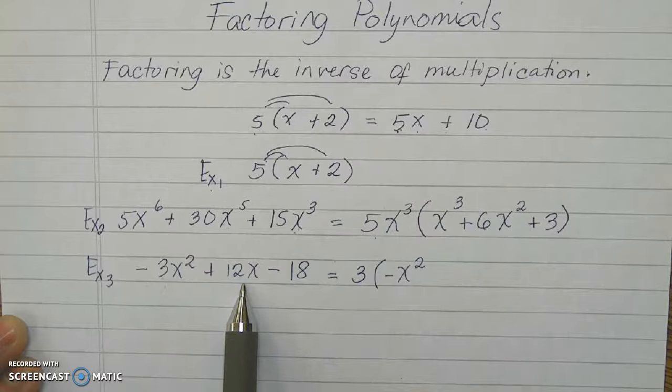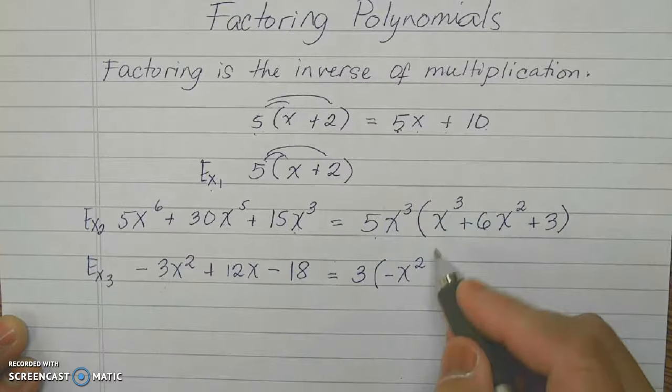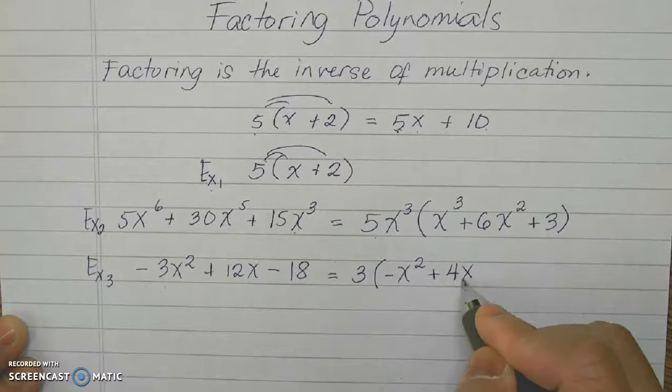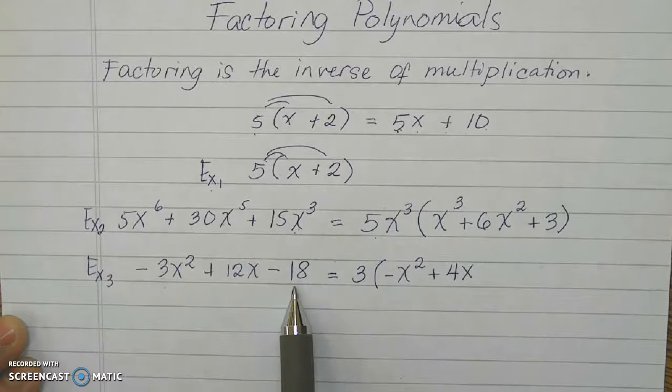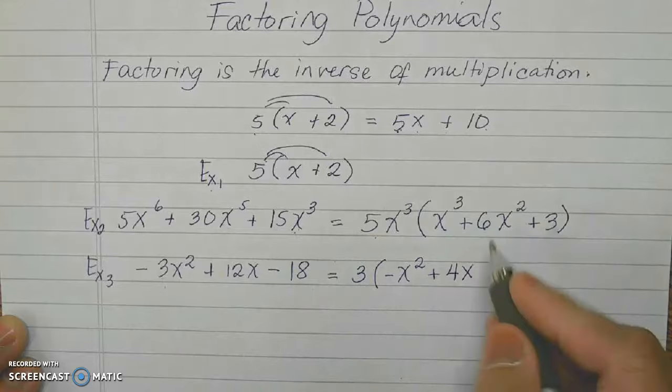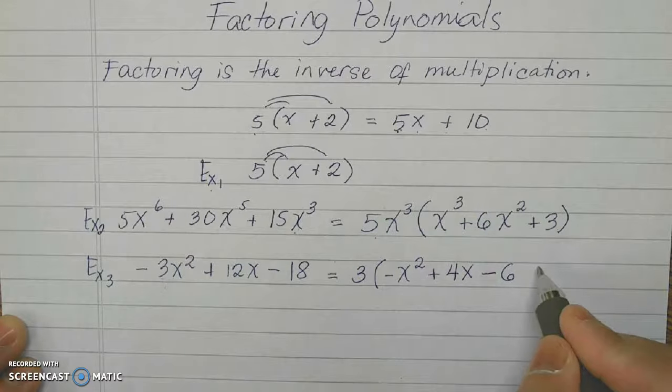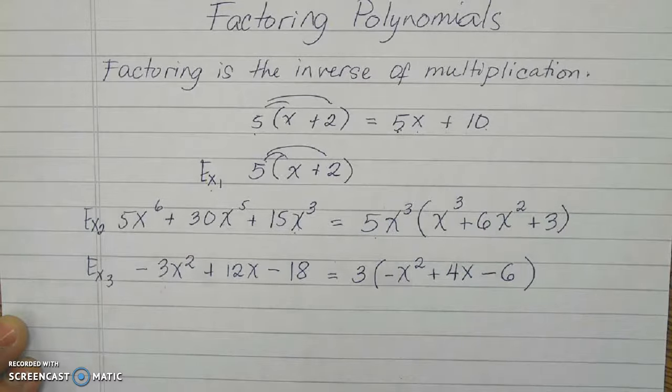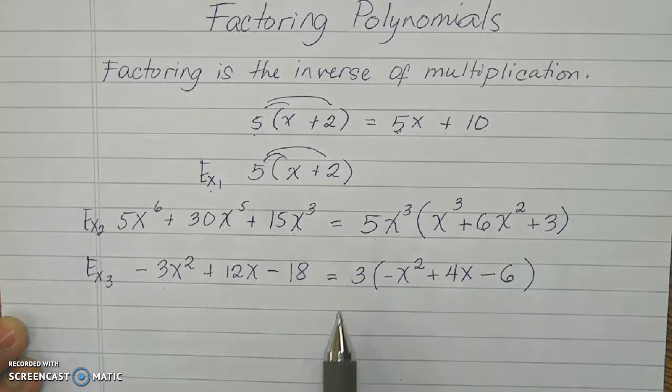Positive 12x divided by 3 is a positive 4x. Negative 18 divided by positive 3 is a negative 6. So that is our factored form using the common monomial factor of 3.